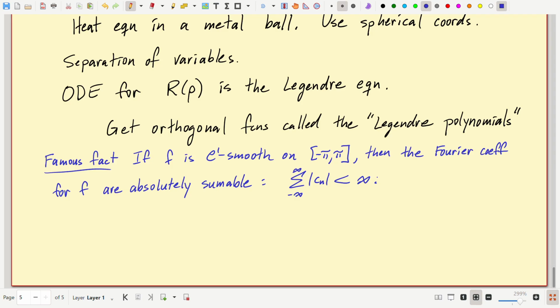So that's a homework hint, and that's the Stein problem. The homework hint is you let your f have a Fourier series, the sum as n goes from minus infinity to infinity of Cn e to the i n x.